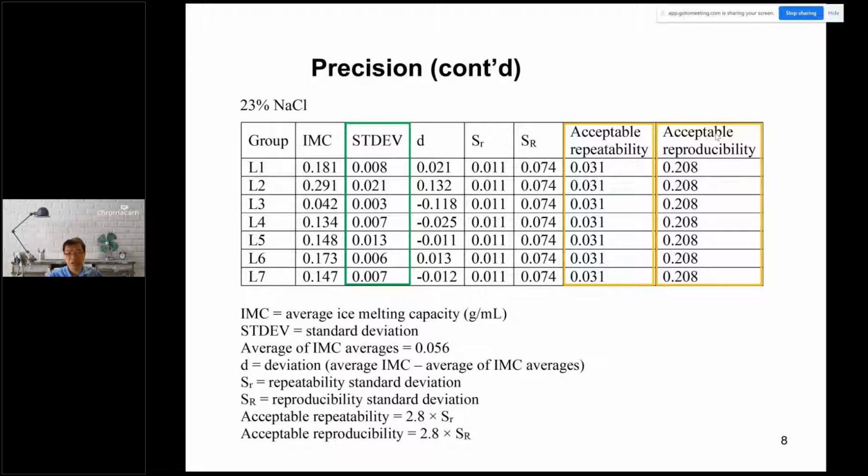As long as your standard deviation is smaller than the thresholds, which is the case here, the standard deviations for each of the 7 labs are smaller than the acceptable repeatability and reproducibility thresholds. That means, for the 23% sodium chloride solution at least, the test is considered statistically repeatable and reproducible.